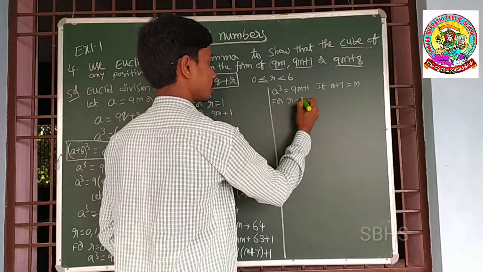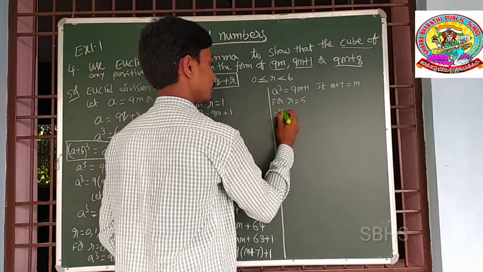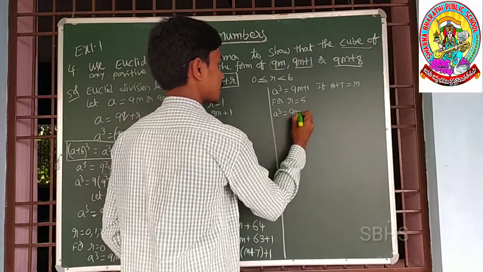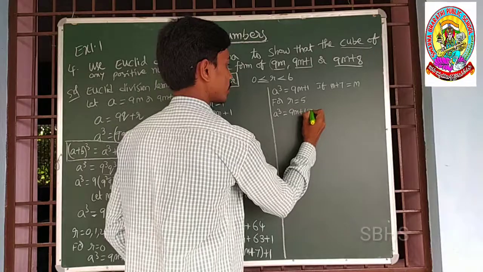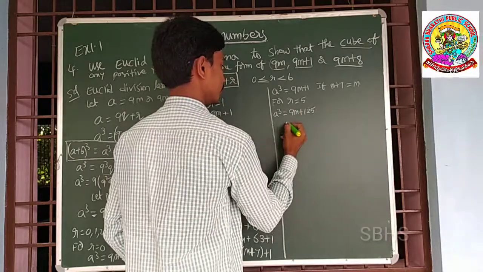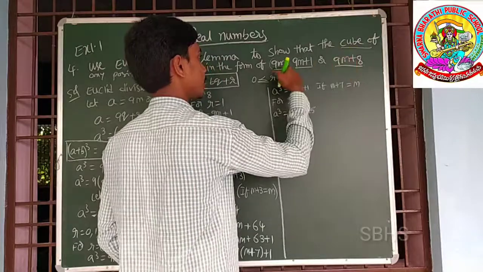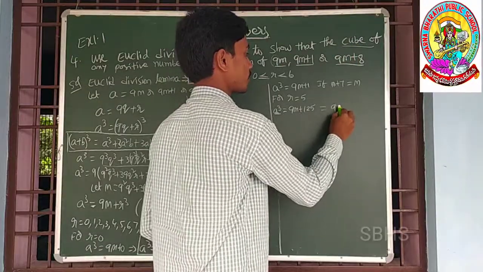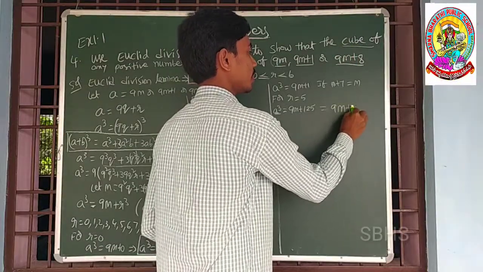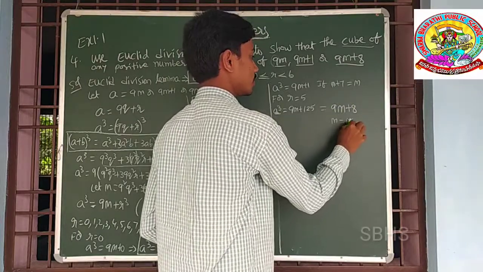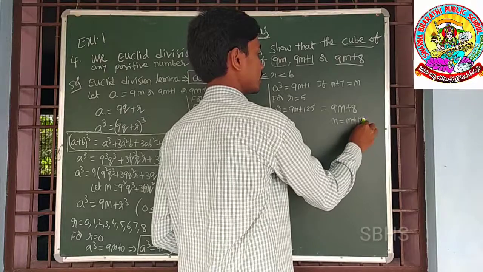Next, for r is equal to 5, a cube is equal to 9m plus 125, which is also expressed in the form of 9m plus 8. Here m is equal to m plus 13.